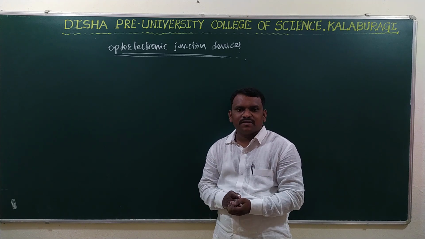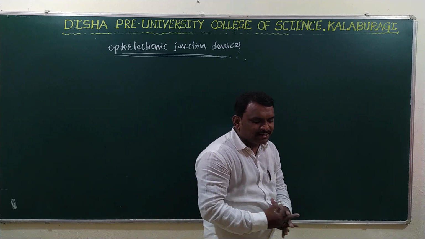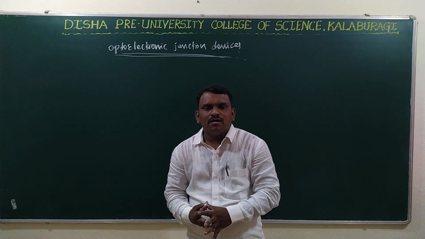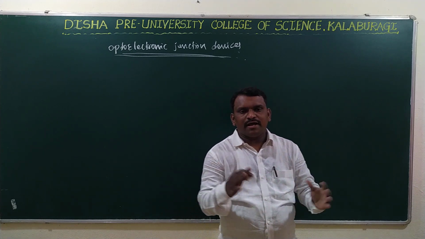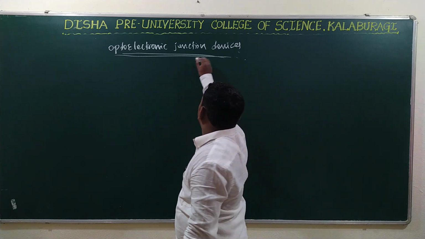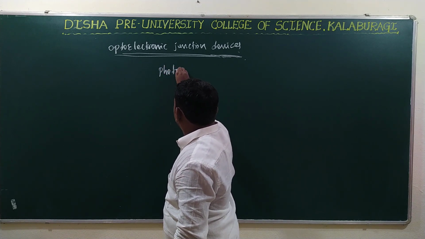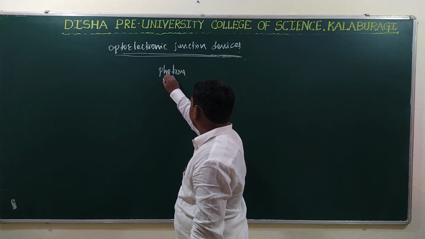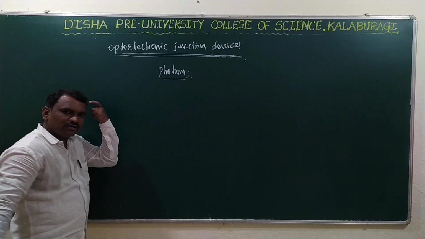Photons are called a quantum of electromagnetic energy or electromagnetic radiation. In electromagnetic radiation, it may be light energy or it may be radio energy. These are the charge carriers, photons, right? In optoelectronic junction devices, the charge carriers are photons.